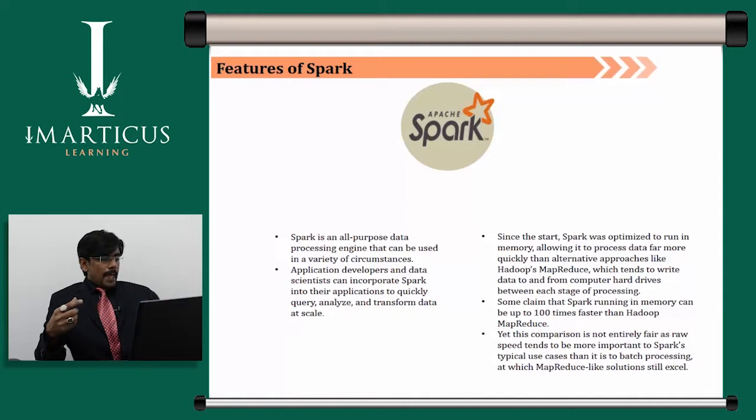Spark is optimized to run in memory, allowing it to process data far more quickly than alternative approaches like Hadoop MapReduce, which tends to write data to and fro from hard drives between the stages of processing. Guys, we know the concept of RAM.